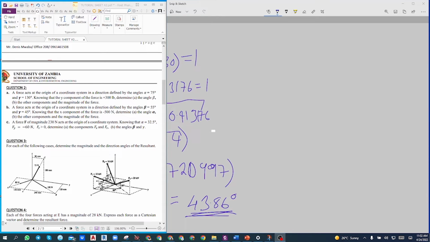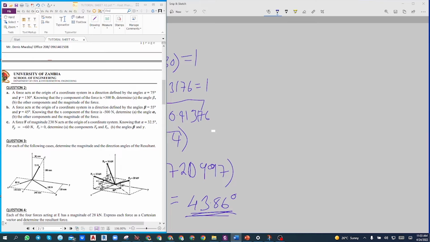Now let's do the others. We are told part B is the other components and the magnitude of the force. So the other components, which one in this case? The other components, we are told it's Fx and Fz. Now we found our beta there.